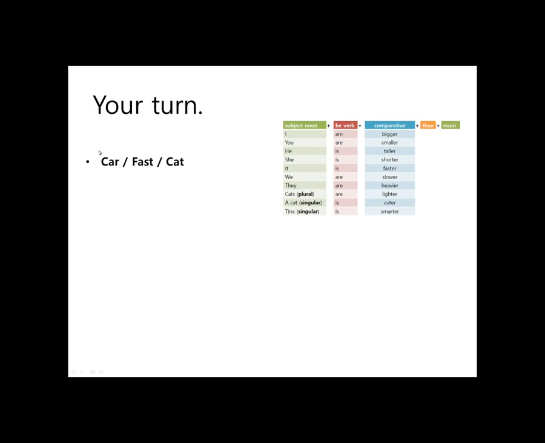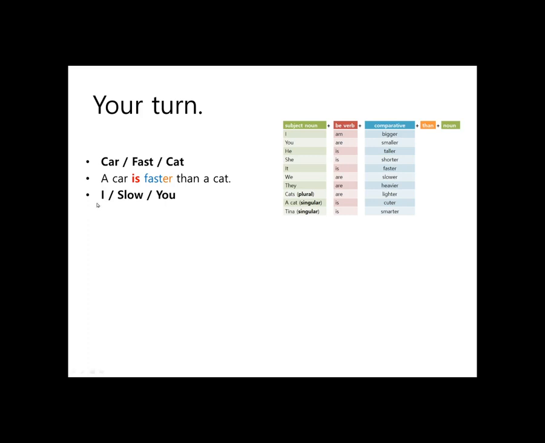A car, singular, a cat, a car, is faster than a cat. A car is faster than a cat. Okay, try this one on your own. And you can pause your video if you need time.